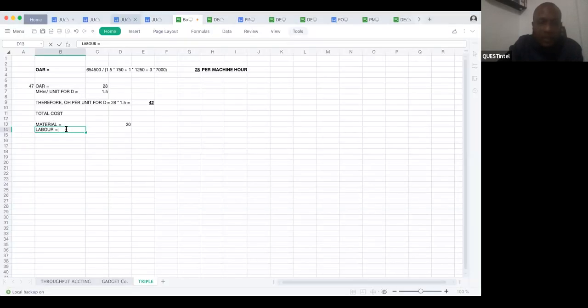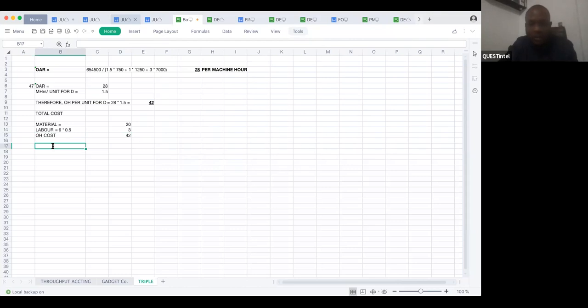So our labor would now be $6 per hour multiplied by 0.5 hours per unit. Okay, so now the question is a little fairer. And then overhead as calculated above. I've already calculated that as 42.